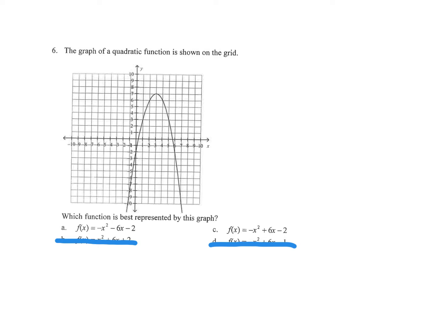When you do that, you're going to see that this graph is actually the graph of -x squared plus 6x minus 2. By the way, it does have to be -x squared, because that first term has to be negative since the parabola opens down. We can graph this, and then we would see that that is the correct answer.